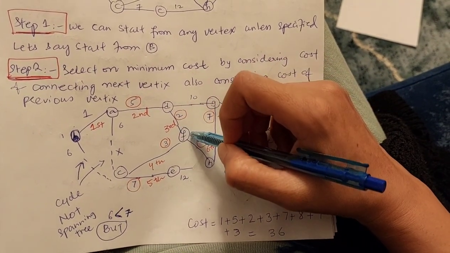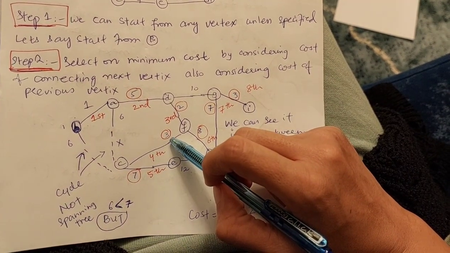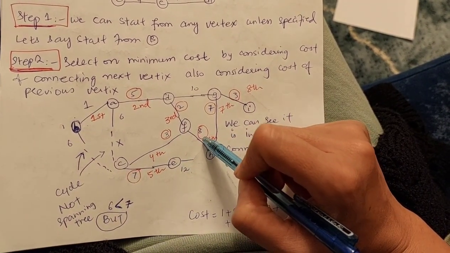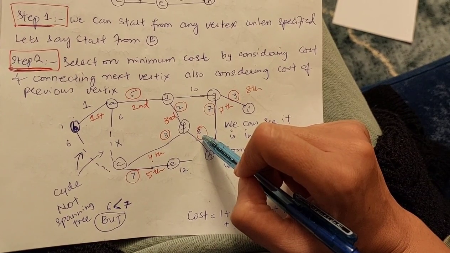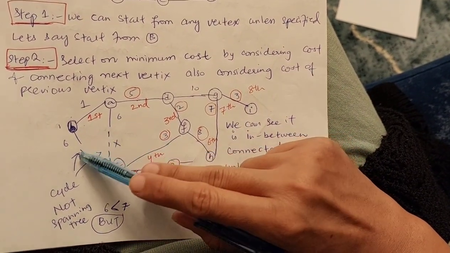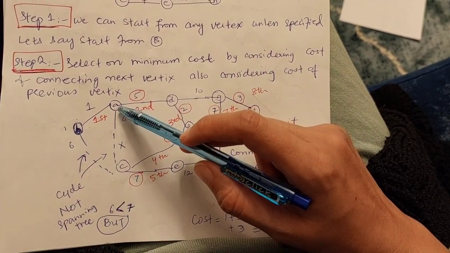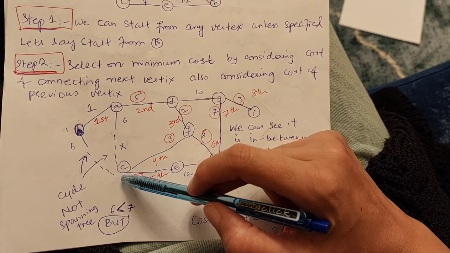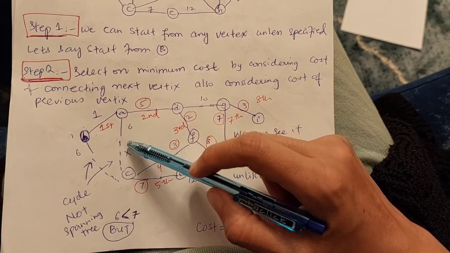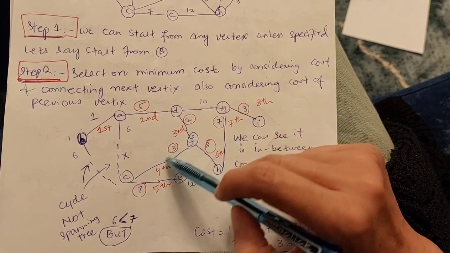Okay, so now F is also connected. I will see that F is connected with C with a cost of 3 and F has a connection of cost 8. So F has basically two connections, and previously we also have these two connections, 6 and 6. But you can see that if I connect this 6 right here, then this is connected, this is connected, this is connected, and this is connected.